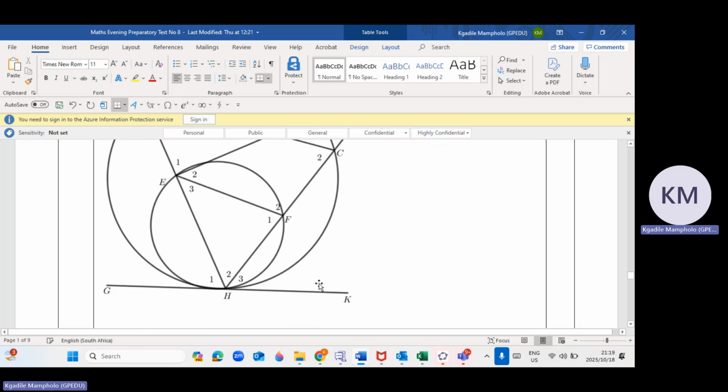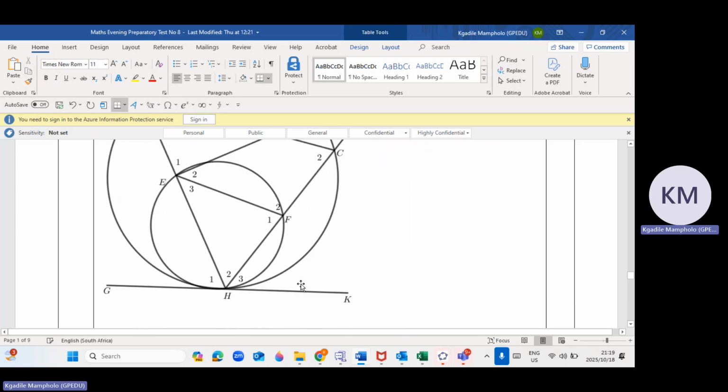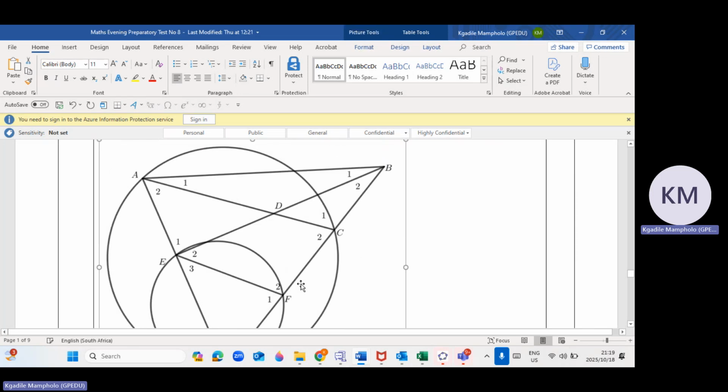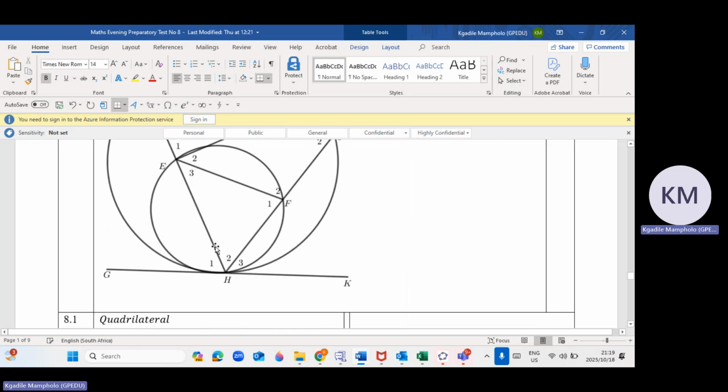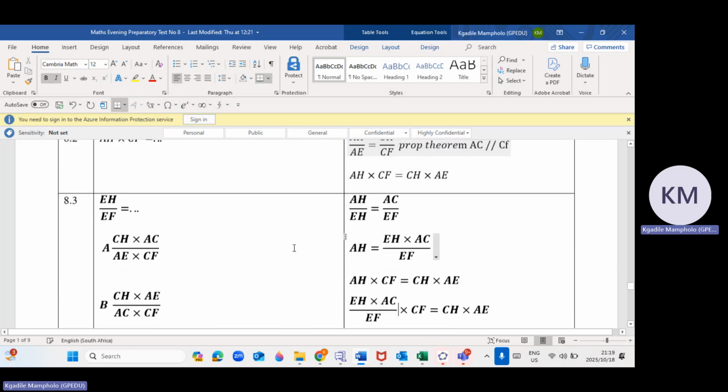By mere looking, you see that triangle EFH and triangle ACH are similar because E equals A, corresponding, F equals C, corresponding, and H is the common angle. If it's a common angle, then we say therefore the two triangles are similar.